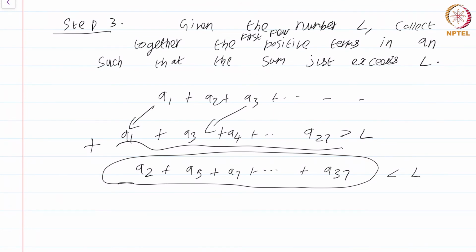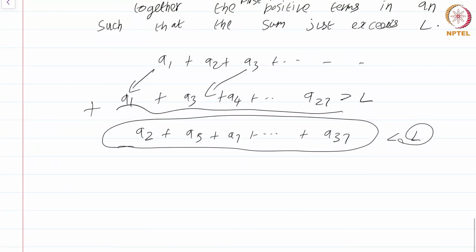Go all the way till it just crosses L, but from the other side. Intuitively the picture is L is here, you first landed here, then you're slowly decreasing by adding terms, and then just when you cross L again, you stop.